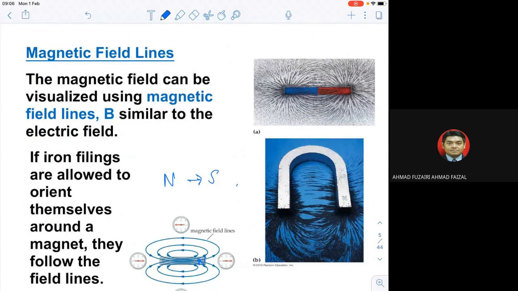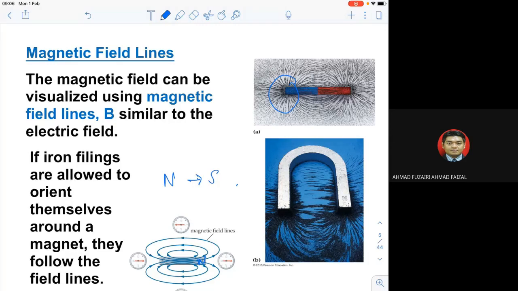And the magnetic field lines look like this. When you look at the top figure on your right-hand side, you can see that the magnet is full of iron filings. At the edge of the magnet, the iron filings are either going out or coming into the magnet.